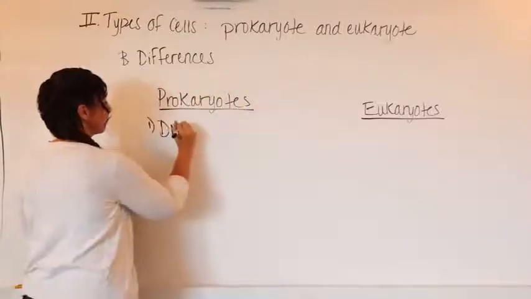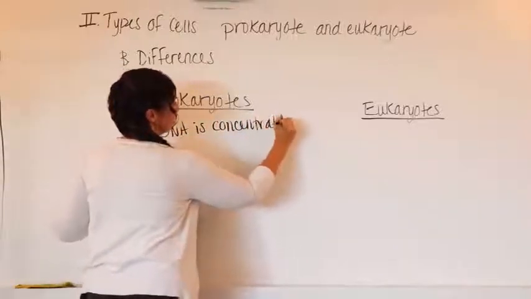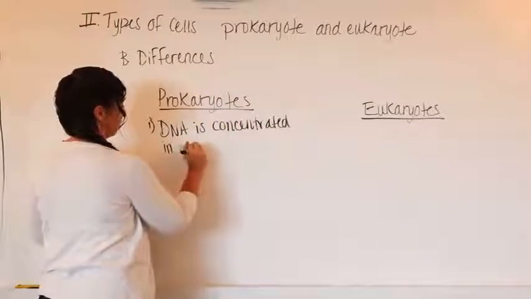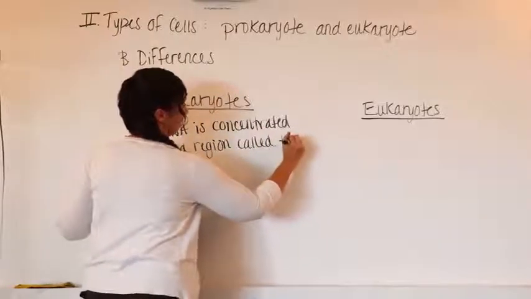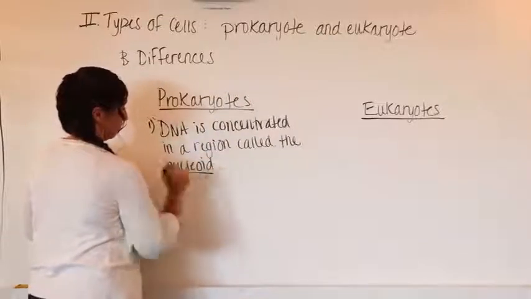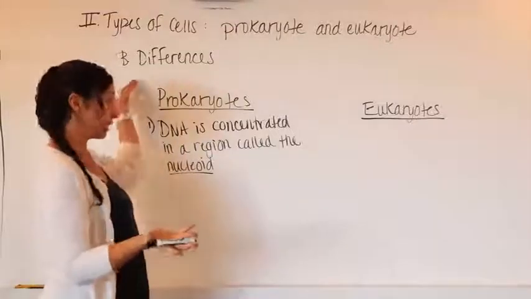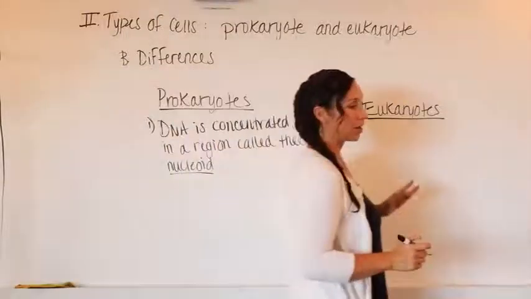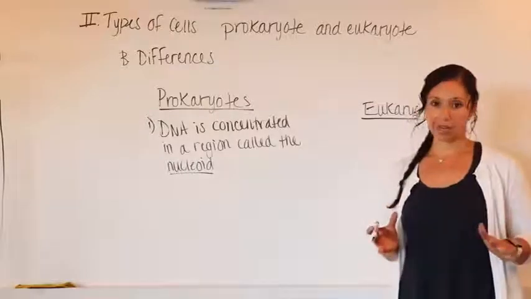So DNA is concentrated in a region called the nucleoid. It's a little bit different in eukaryotes, obviously, because we're in differences. In eukaryotes, the DNA is in a membrane-bound organelle.